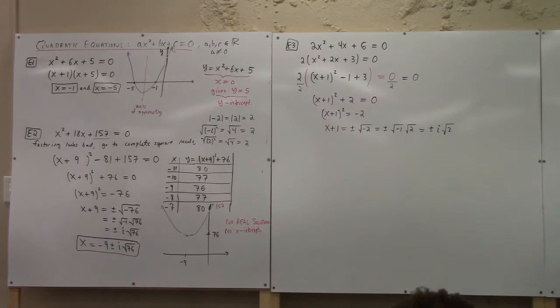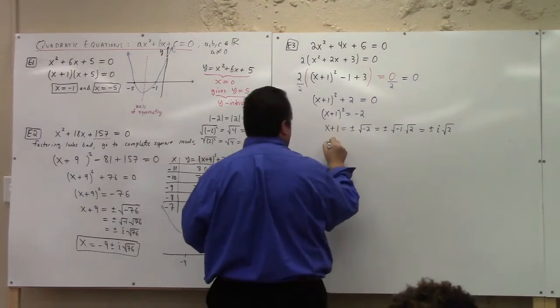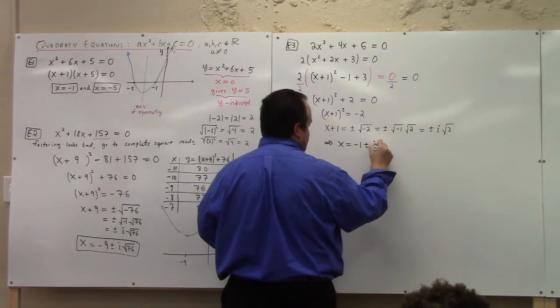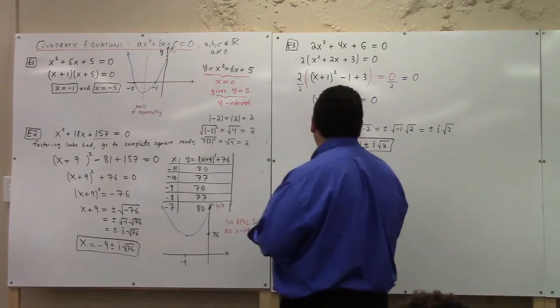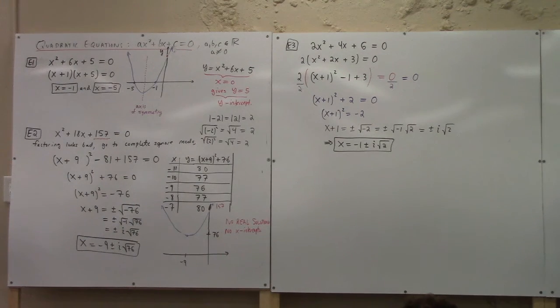So what are my solutions? I just have to solve for x, and solving for x gives me x equals minus 1 plus or minus i root 2. So again, this time the solution was complex. If I was to graph this, no x-intercepts.